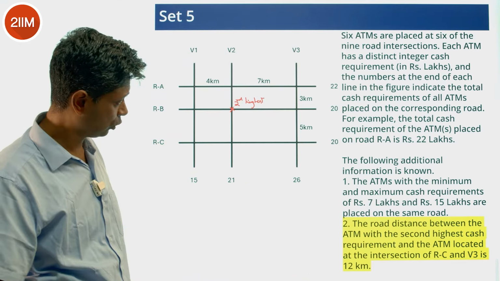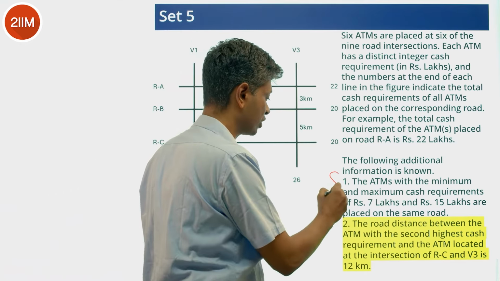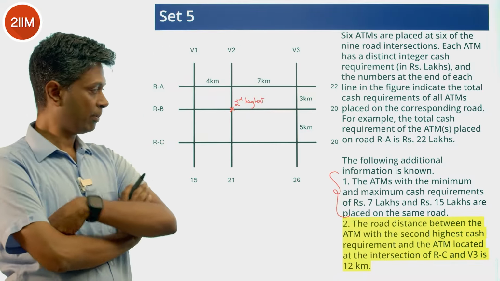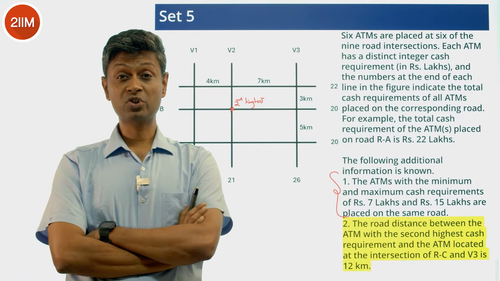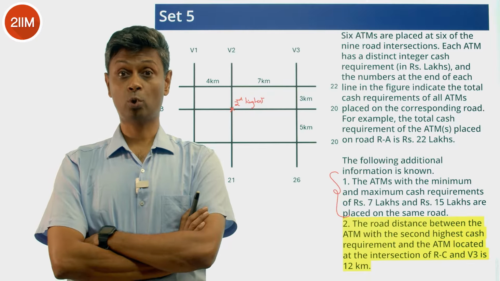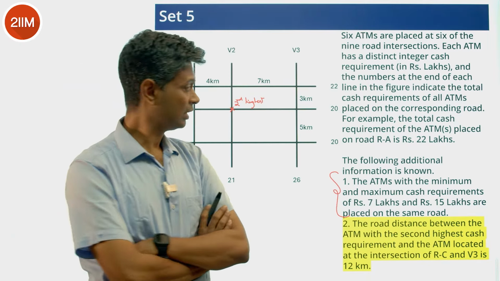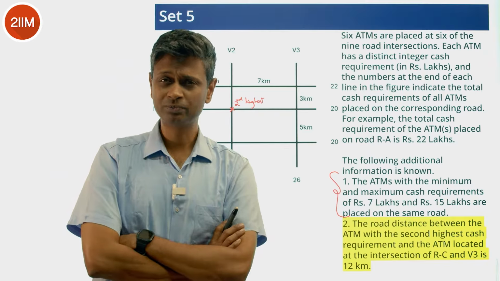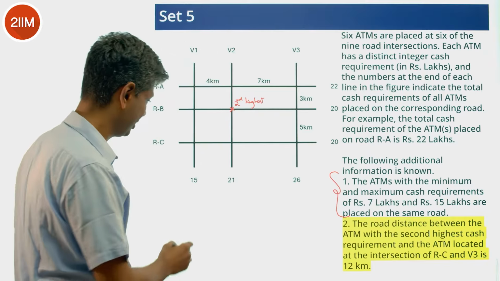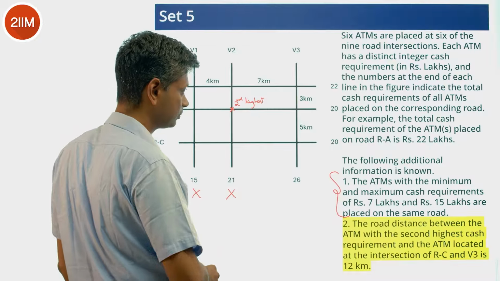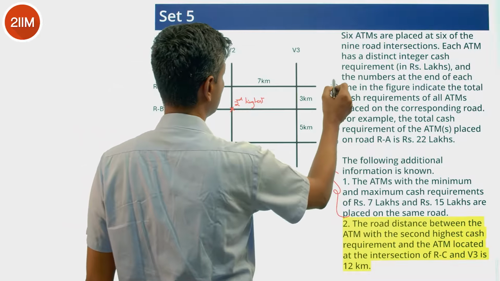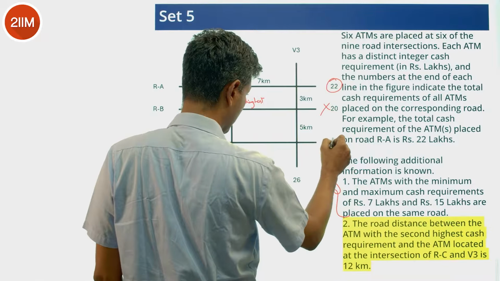Lovely. Now, this is also a very useful constraint. The ATMs with the minimum and maximum cash requirements, 7 and 15, are on the same road. Either RA or B or RC, or V1, V2 or V3. 7 plus 15 is 22. So 7 and 15 cannot be here, cannot be here. Can be here, cannot be here, cannot be here.